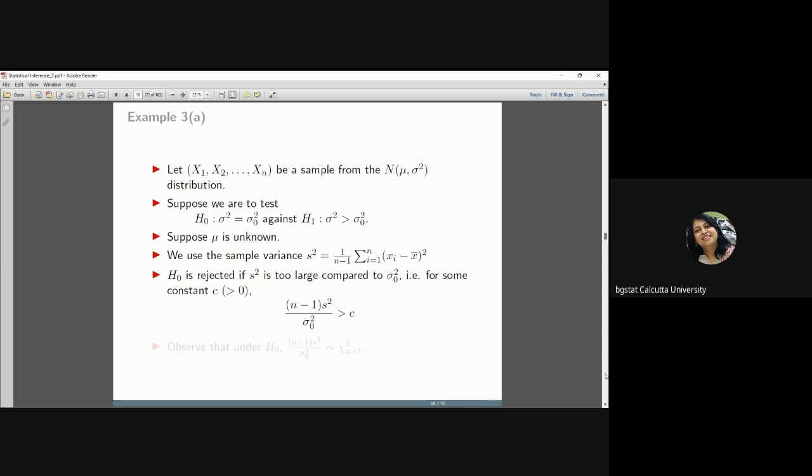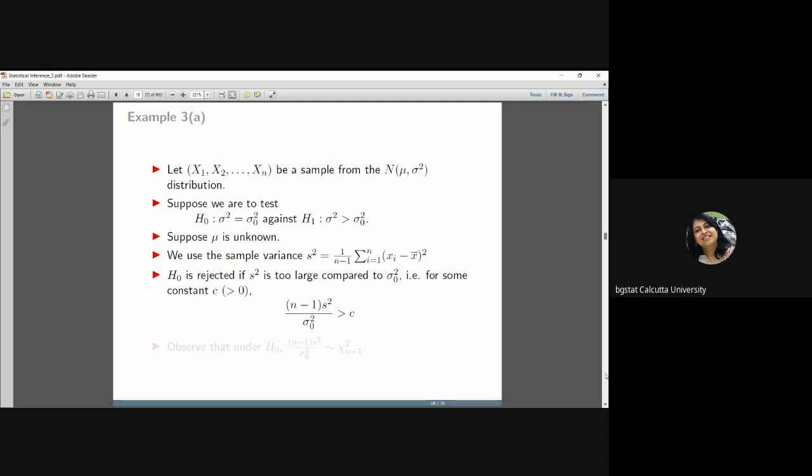Now, if the alternative is correct, we will expect this ratio S square by sigma naught square to be large. Under the alternative, sigma square is greater than sigma naught square. Since S square is an estimator of the correct population variance, if the correct population variance is a lot larger than sigma naught square, we will expect the quantity S squared by sigma naught squared to be large.